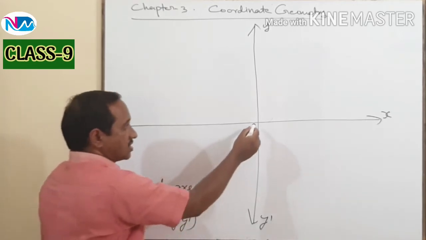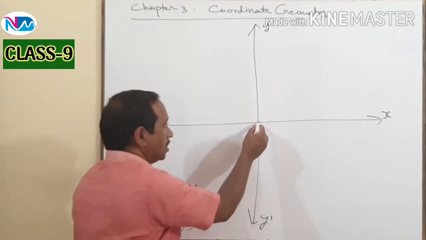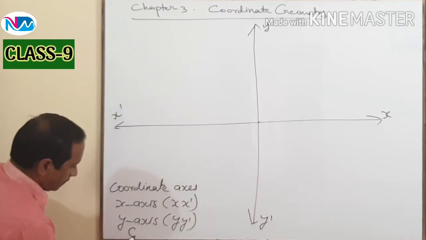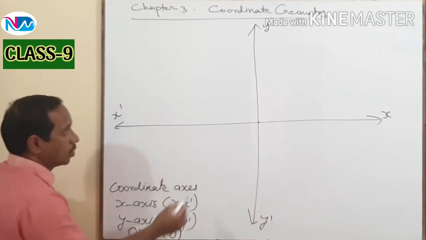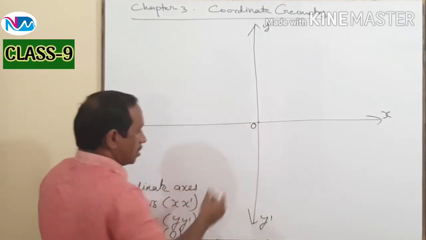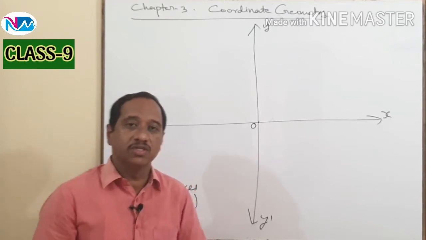The point of intersection of these 2 axes, that is the x-axis and y-axis, is called the origin, denoted by O. So this is called the Cartesian system of coordinate geometry.